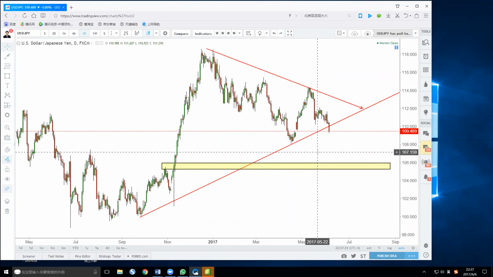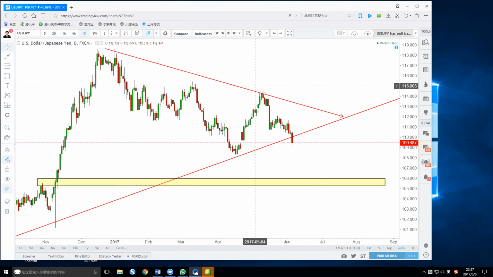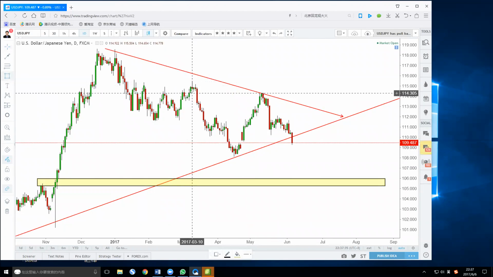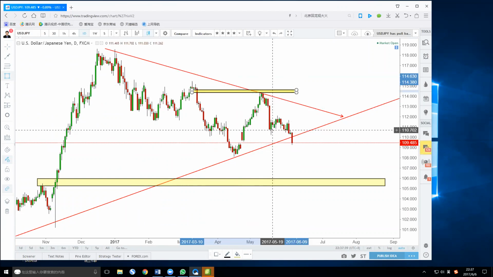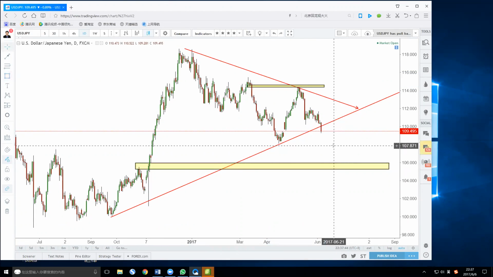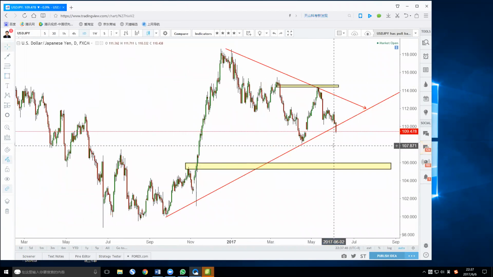But the indicator is not the key. The key is still the price action, the location. So location wise, you see here, that is the best place to short dollar yen. And when the dollar yen comes into a low location at 106, you'll be good to buy. Okay, buy low, sell high. That's still the best strategy.